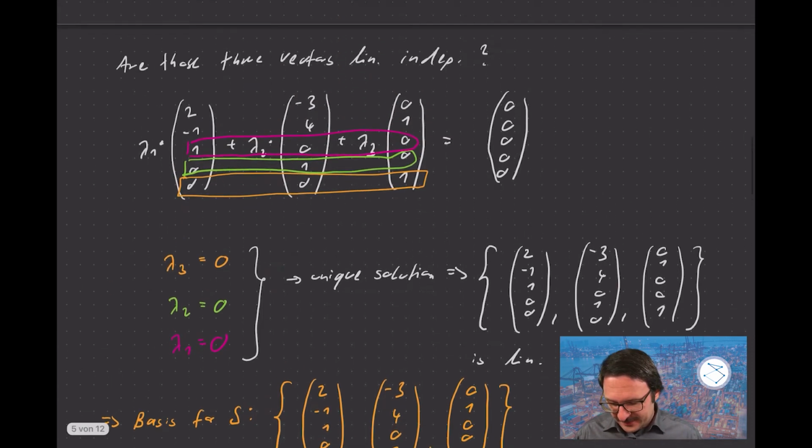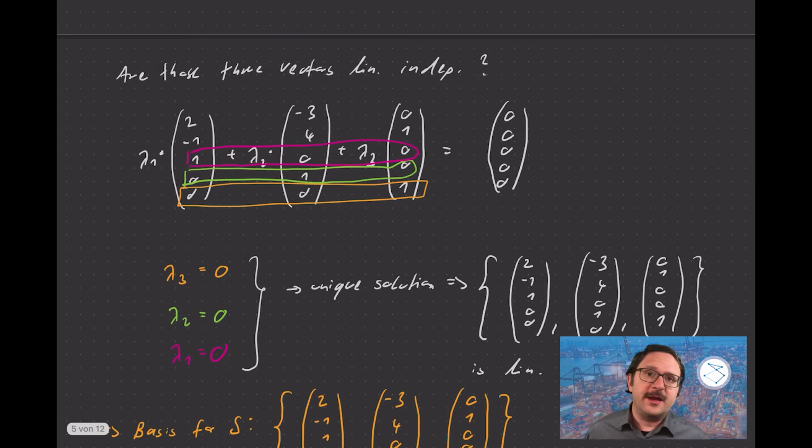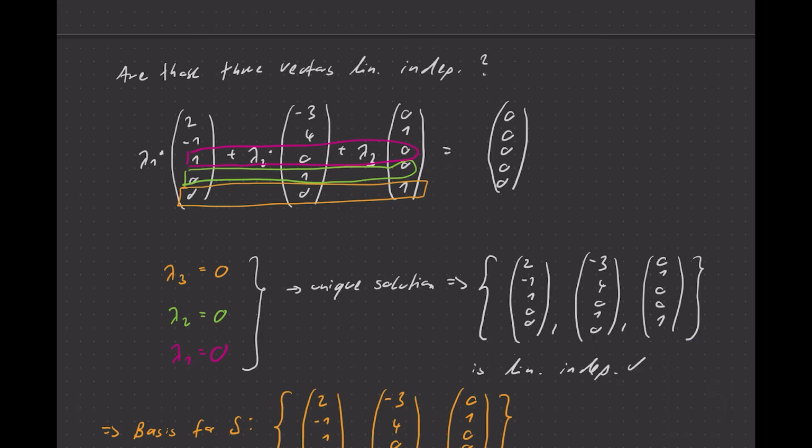If we look back at this proof of linear independence, you can see that this will always work in a setting like this. Because what we did basically is we took those rows where the free variable is the only entry. And for each free variable, there's always one such row.